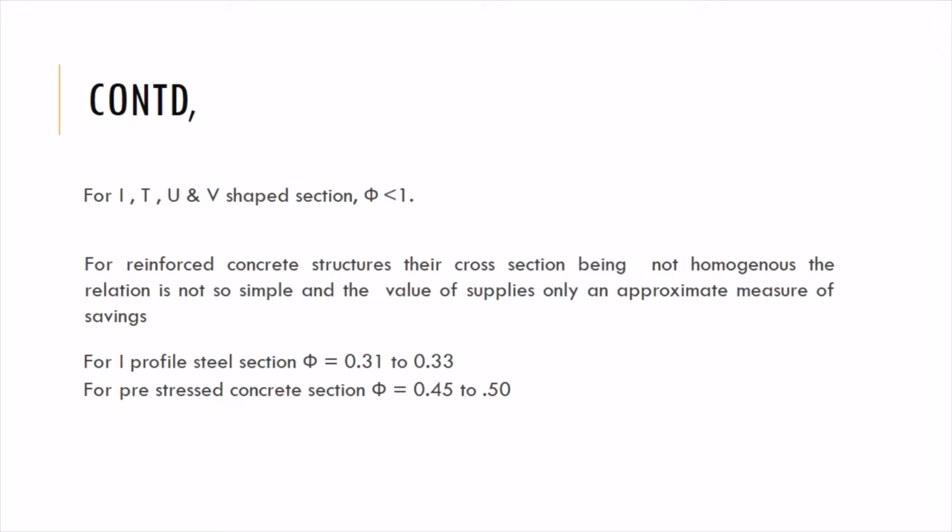So this is the main point: we can save the cost. That is the primary objective, and for the I profile the form factor value is also given, and for the pre-stressed concrete section also it has been listed here.